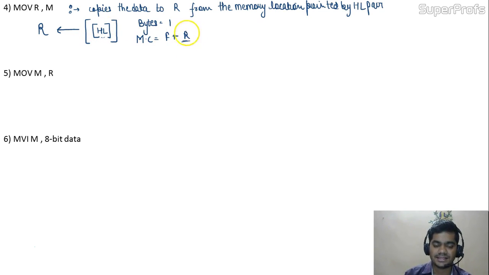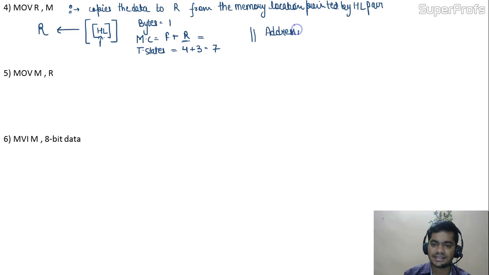So in this read operation, it would read the data which is stored at the memory address pointed by the HL register pair. The total machine cycles are fetch plus read, which gives T states equal to 4 plus 3, that is 7.